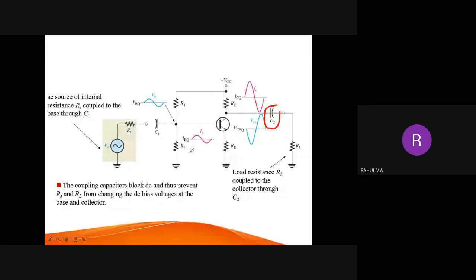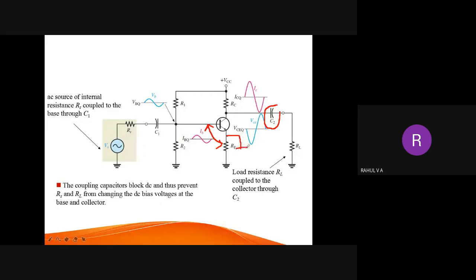Then we have R1 and R2. To provide sufficient current to the base terminal, we are using R1 and R2. It is known as the voltage divider circuit. And RE is used to improve the stability.